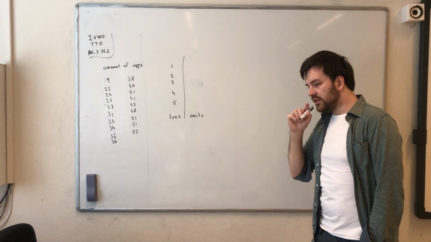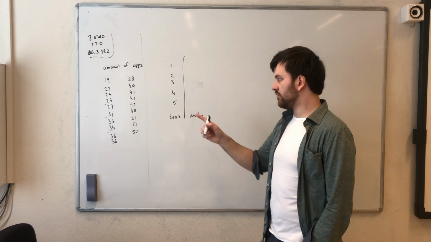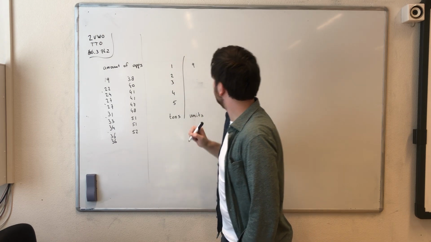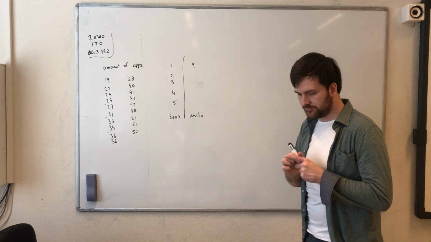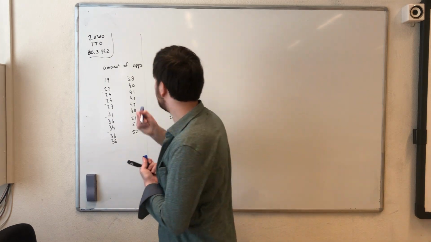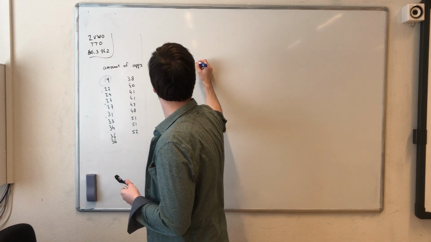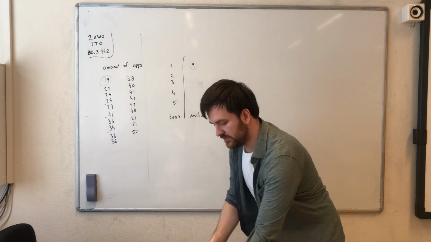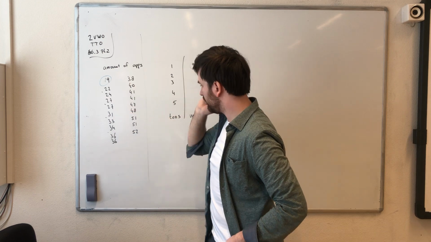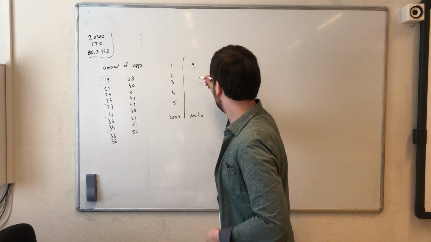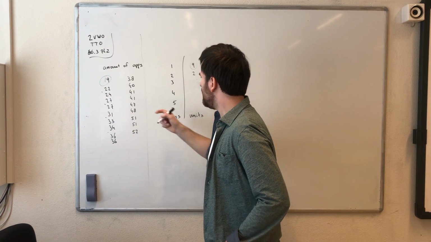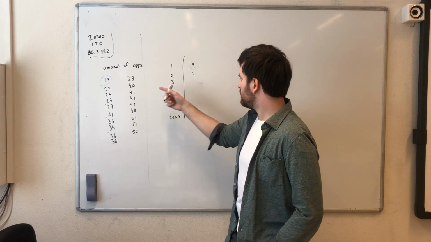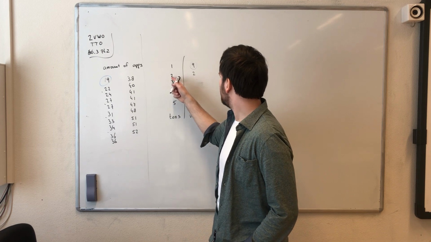The first one, 19, consists of a 1 and a 9. So basically, this 19, this 9 over here. We're going to do the same thing for the next 4 numbers. So 22. Then we write out the 2. What are we going to do with this 24? We're going to write all of these 4 numbers on this row.